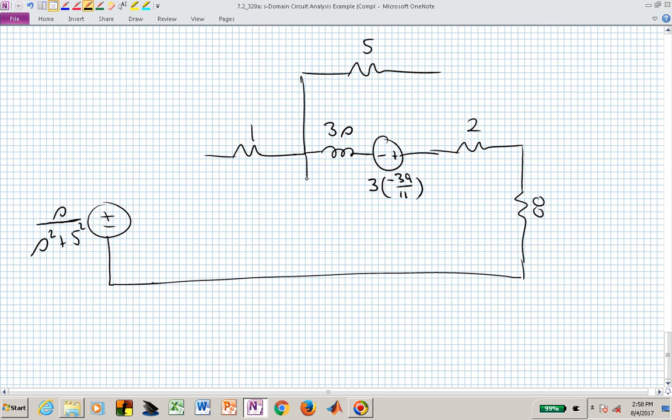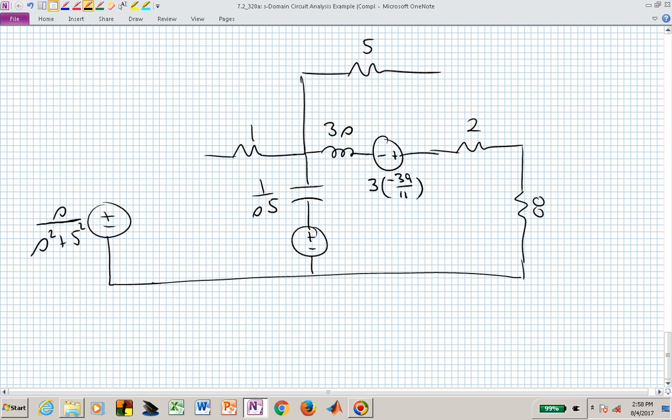We also had a capacitor here that has an impedance of 1 over SC, and that capacitor had a C value of 5. We again want to put a voltage source in series with that impedance, and the polarity of that is consistent with what we had derived in the previous lecture.